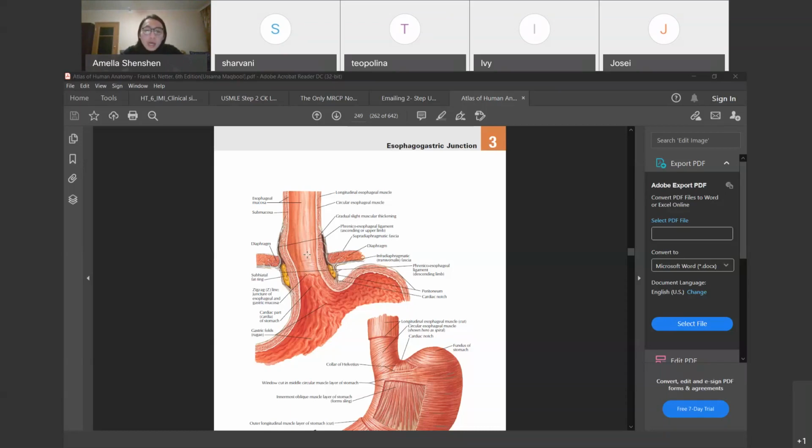I will try my best not to talk a lot about the stomach because that's a whole different organ, and whenever we talk about diseases of the esophagus, it's very difficult to not talk about the stomach. So I'll try my best not to dive so much into problems in the stomach. But I think it's important to understand some anatomical parts of the stomach, just a little bit.